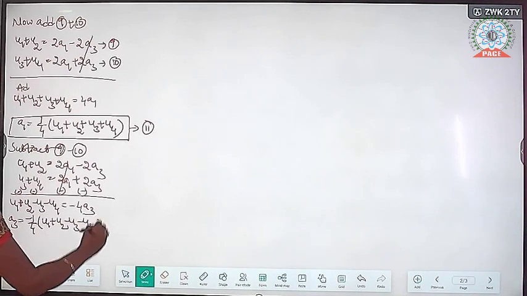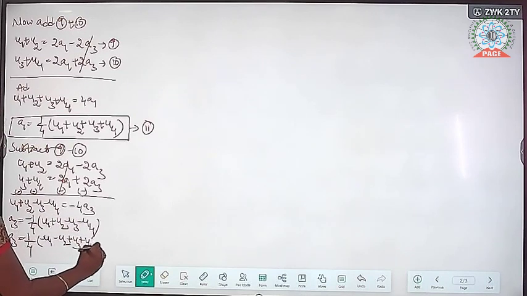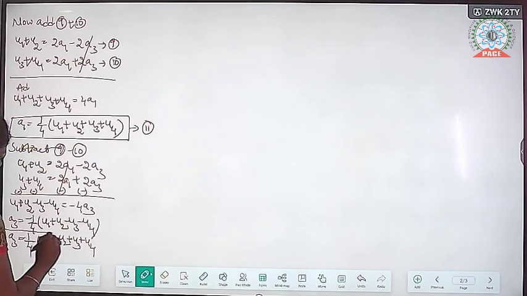So finally a3 is equal to 1 by 4 into, here minus is there, so we write the minus term into the equation: minus u1 minus u2, minus into minus plus u3, next minus into minus plus u4. So this is the a3 coefficient equation. This is the equation number 12.